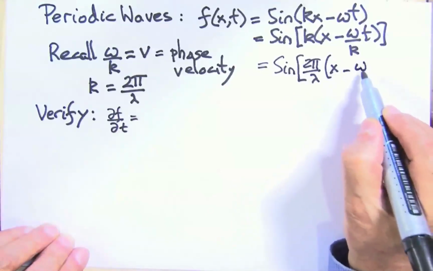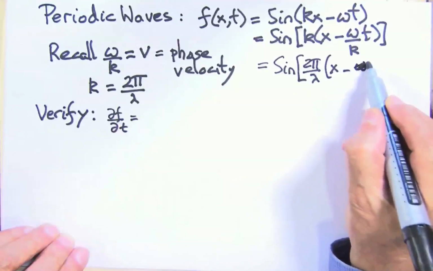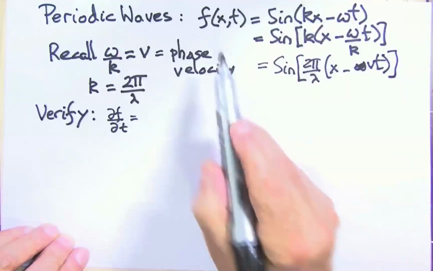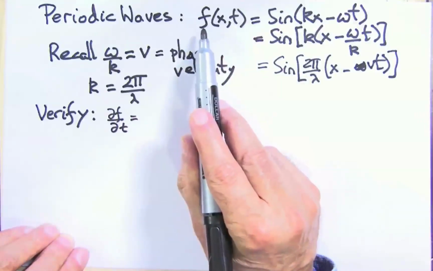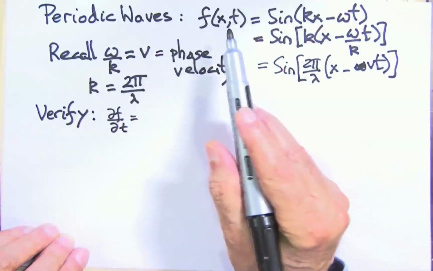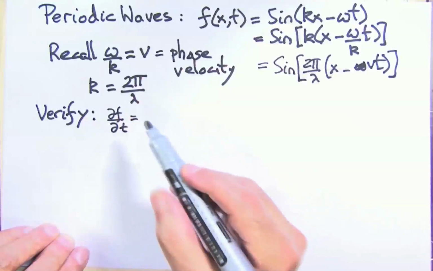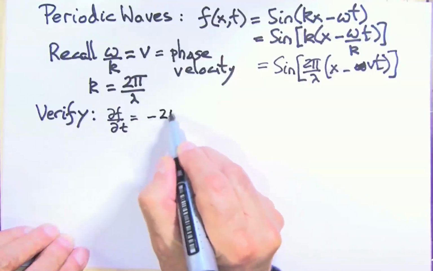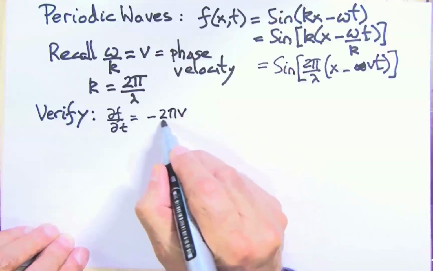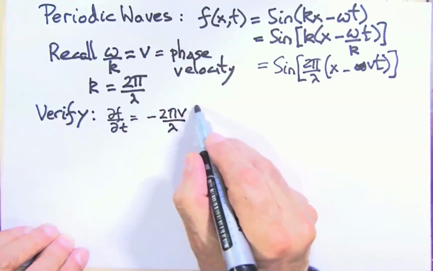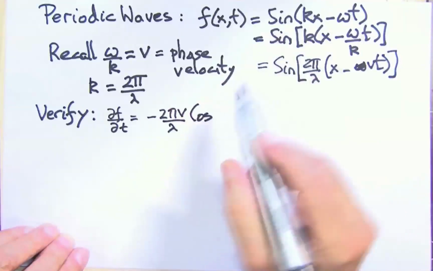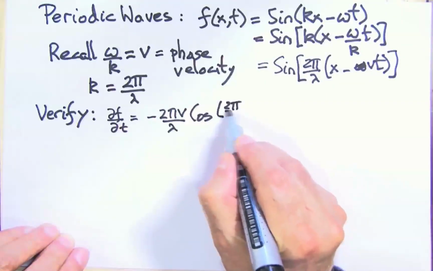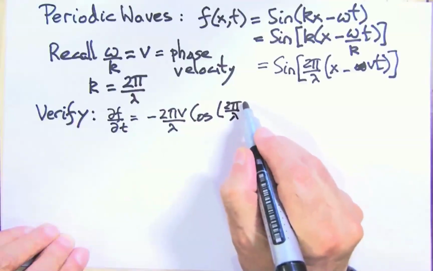So x minus, let's call this vt. Okay, so now I want to verify that this f is a solution of the wave equation, for which I need df by dt, and that's obviously equal to minus 2 pi v over lambda times, so when I differentiate sine, I get cosine of 2 pi over lambda x minus vt.